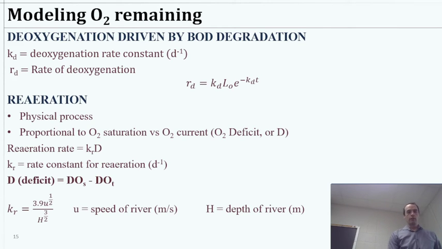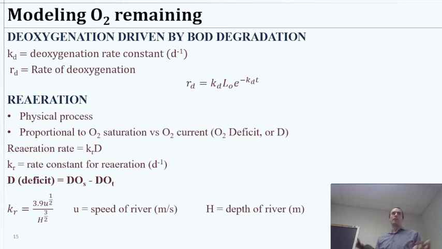or have even looked at enough streams and rivers to say, well, there's a few ways to derive it. This is one that the book suggests is a good one. If we measure the speed of the river and we know the depth of the river, then we pretty much know enough to know this rate constant for the reaeration. This is not theoretical, this is empirical, meaning they just measured it in a lot of rivers.